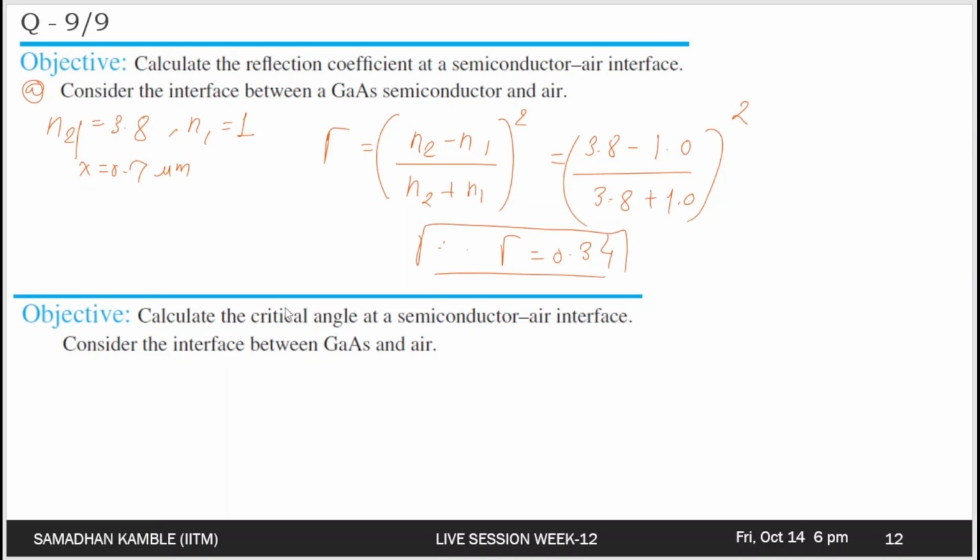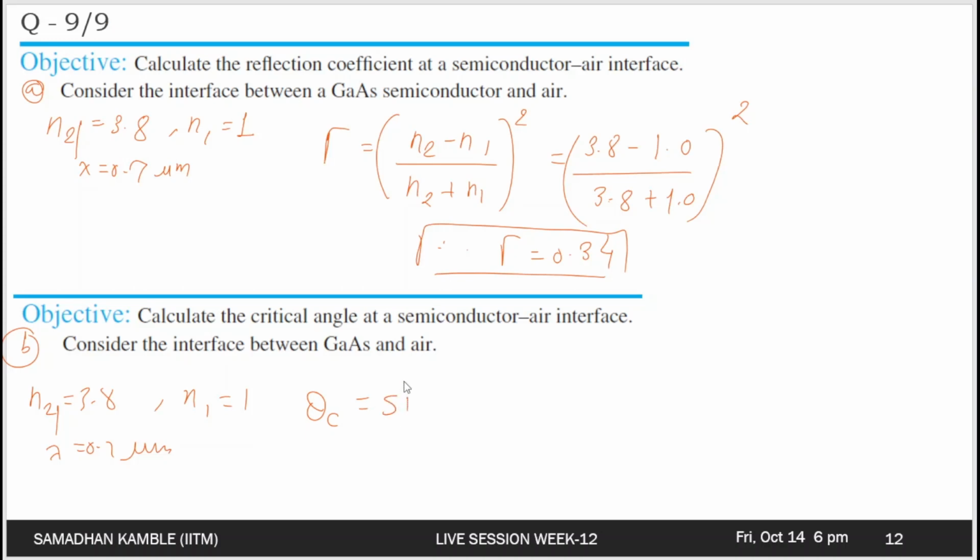Now going to the second problem, B. The objective is as follows. Calculate the critical angle at a semiconductor-air interface. Again, considering gallium arsenide, N2 is 3.8 for lambda of 0.7 micron, and N1 is again 1. Let us calculate the critical angle that we have mentioned in the previous slide.